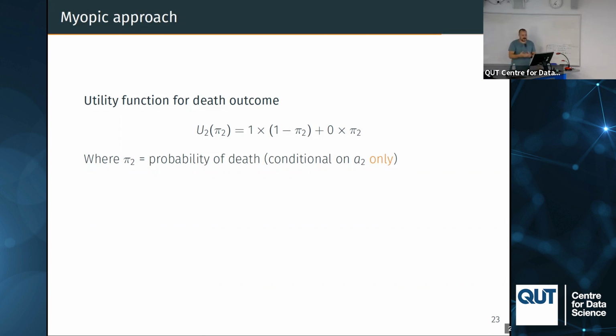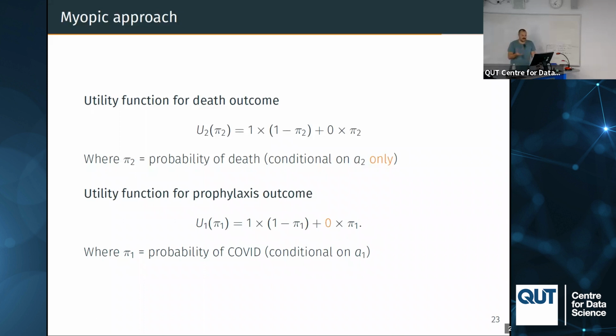So in the myopic approach, we have the utility function for the second stage death outcome. That remains the same as before, but for the utility function for the first stage prophylaxis outcome, we are no longer bringing that expected utility from the second stage back into the first stage. So hence myopic, it's short-sighted. It only considers the effect of treatment in that stage only.